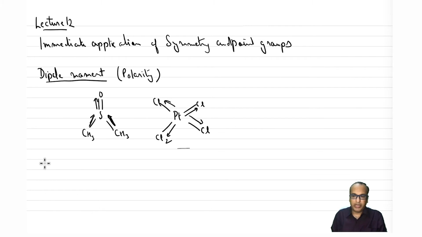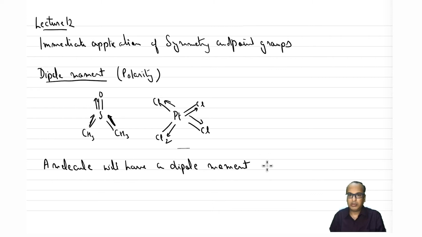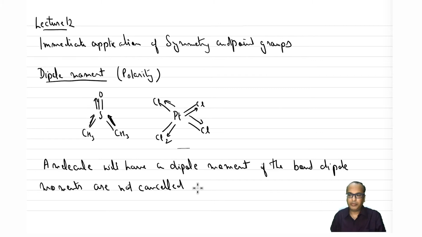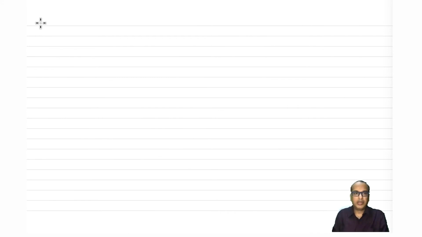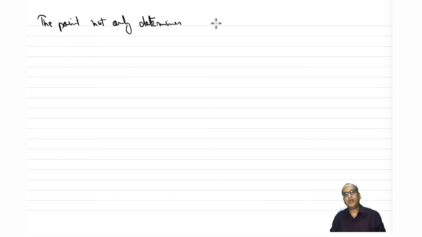The point group not only determines, or predicts, whether a molecule has dipole moment or not, but in certain cases it will also tell you the direction of the dipole moment.